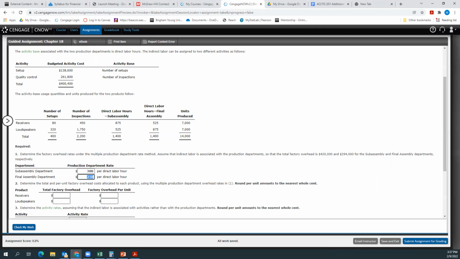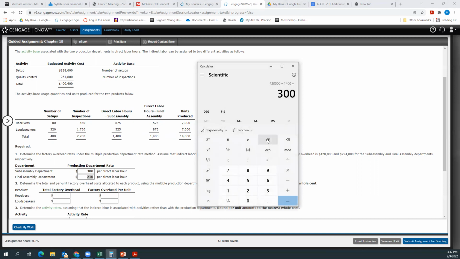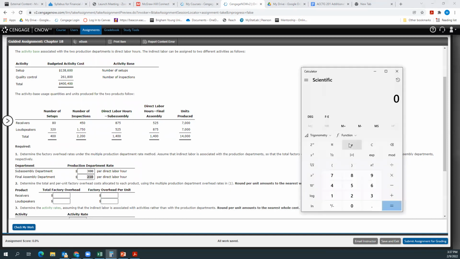So all we have to do to figure these out then is take our calculator. And I'm going to say, okay, subassembly.